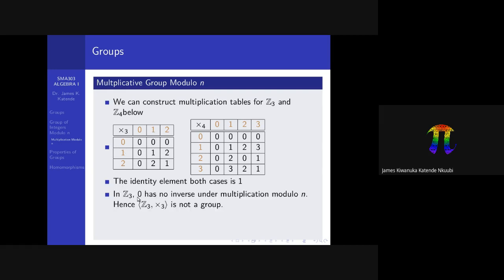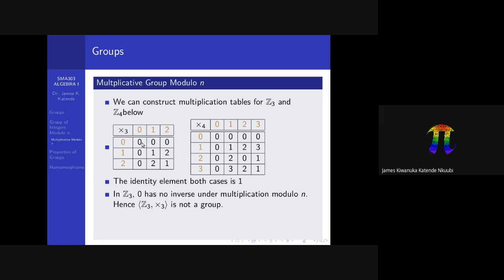Now if you check Z3, 0 does not have an inverse because the identity element is 1 and there's no element which when multiplied by 0 will give us 1, right?